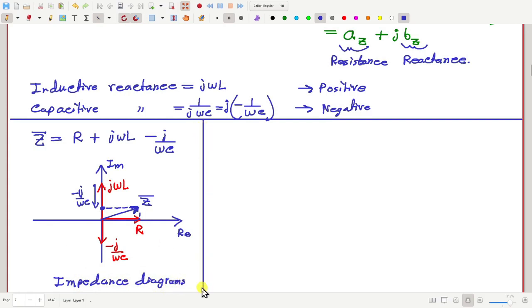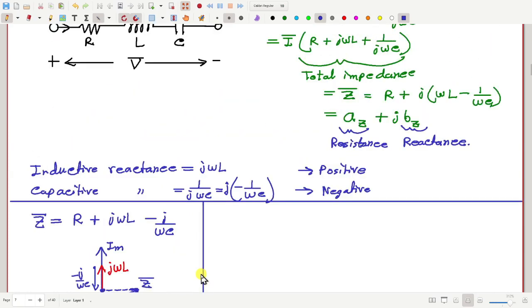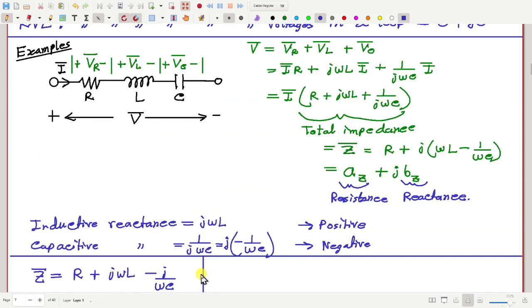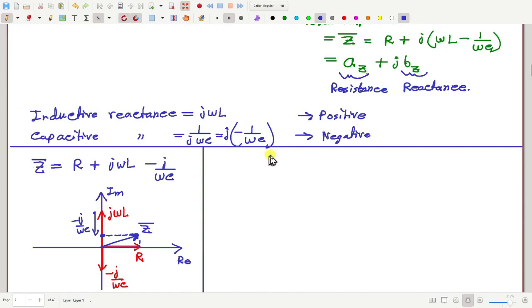Also, there is another pictorial representation which is very useful, called the phasor diagram, where we show complex values of voltages and currents in a circuit.